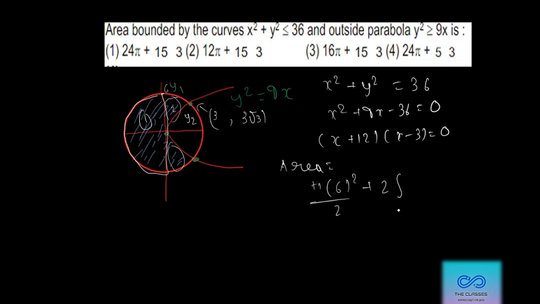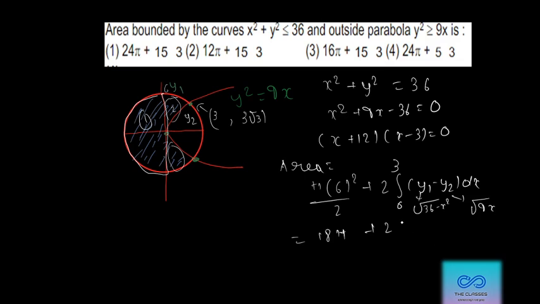So 2 times the integration from 0 to 3 of y1 minus y2 dx. So this comes out to be 18 pi plus 2 times, and y1 will be under root 36 minus x square and y2 will be under root 9x.